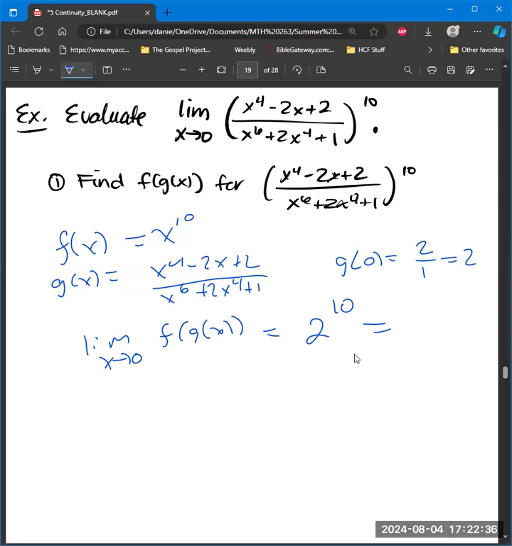Trying to remember what that is off the top of my head, but let's see: 2, 4, 8, 16, 32, 64, 128, 256, 512, 1024. Yeah, this is 1024.